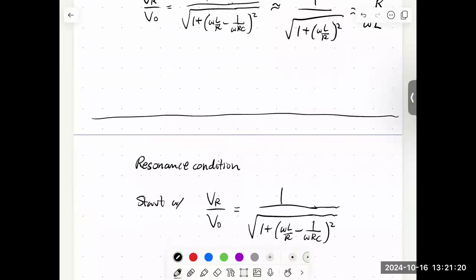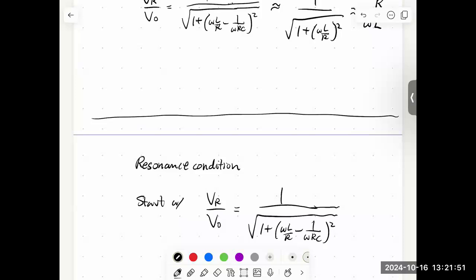We keep writing down the same thing. The resonance condition is: at what frequency is this ratio the biggest it could possibly be? So what would you do? I can't do much with the 1 plus, there's nothing I can do with that. What can I do to make this quantity as large as it can be? What do I want to do to the stuff in the brackets?